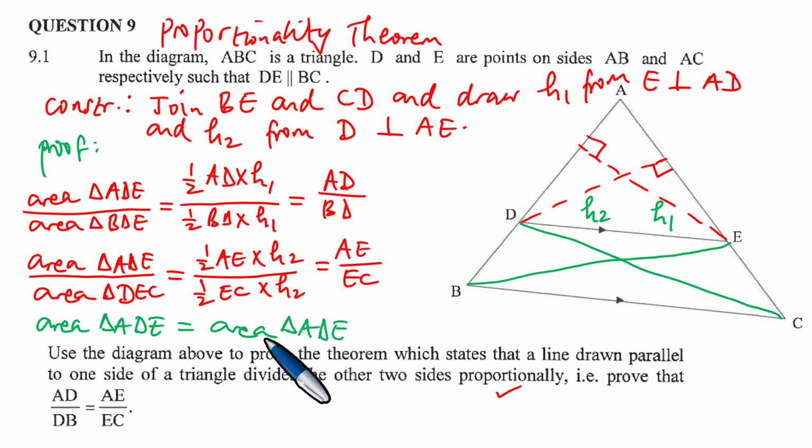In other words, the area of the triangle ADE is equal to the area of the triangle ADE, because we approach this in different ways. Why is this the case? Because we can be rest assured that this is a common area. We are establishing the fact that the area of triangle ADE in the numerator is equal to the area of the triangle ADE in the numerator here as well.